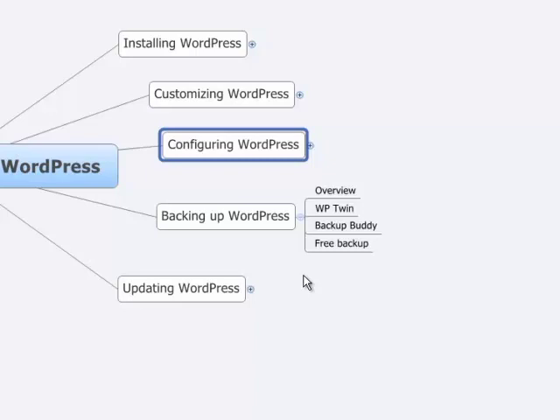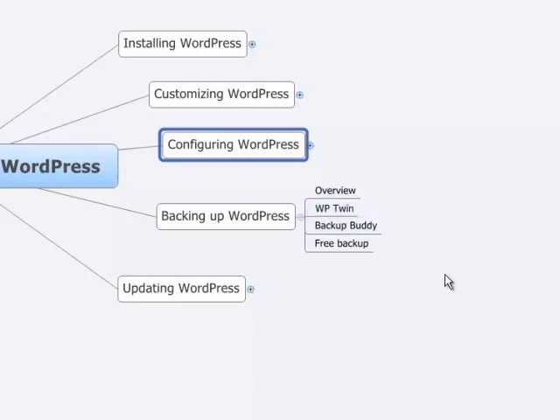So I typically choose cost-effective or free measures versus something that's going to be a lot of money or very complex. So I'm going to offer up three solutions for you, actually four, for backing up your WordPress website.